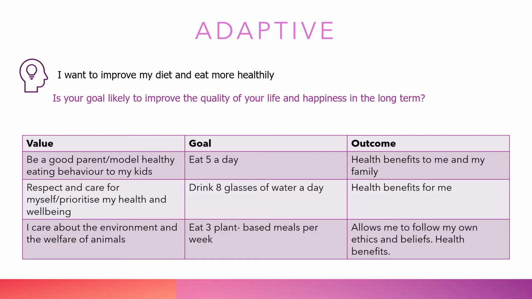We might have that knock-on benefit of our children perhaps eating a bit more fruit and veg because of the behaviour that we're modelling. But we might also find that we're spending more time with the family, cooking and sharing food and things like that. So it also has the potential to perhaps improve our relationships.